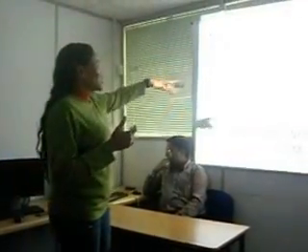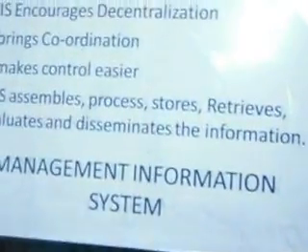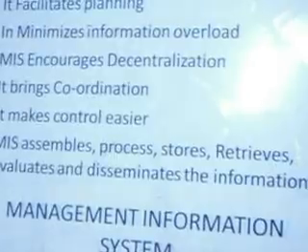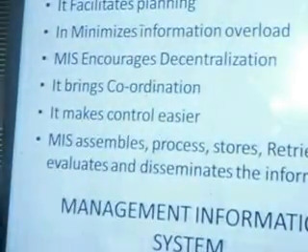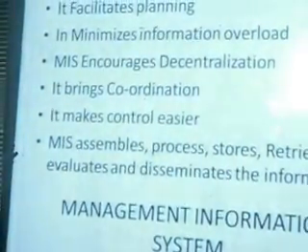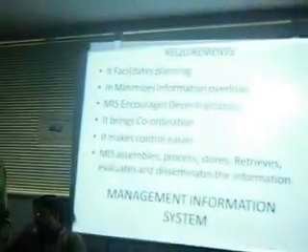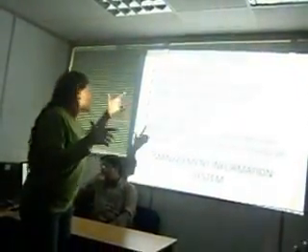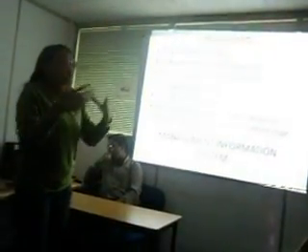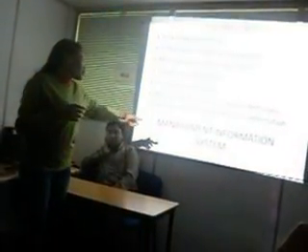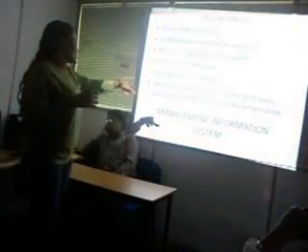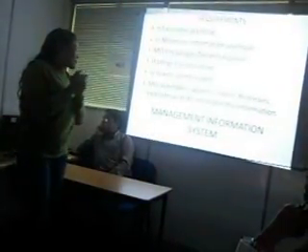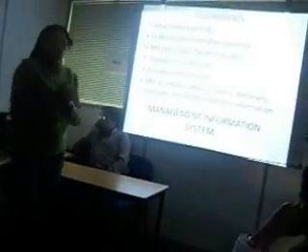Now we have this on the board. First, if an organization wants faster planning, to facilitate planning, that means the organization will go for this MIS. MIS helps an organization to facilitate its planning.